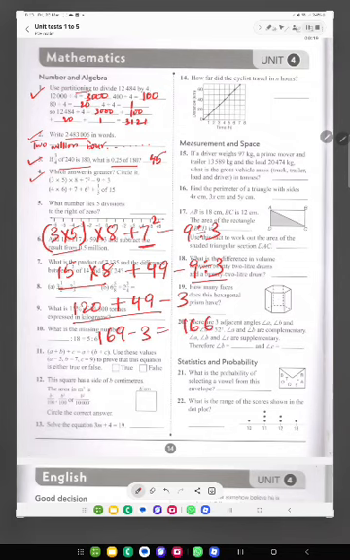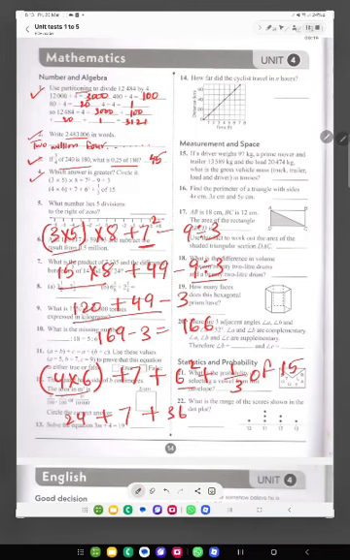Let's evaluate the second expression: 4 times 6 plus 7 plus 6 square plus 1/3 of 15. 4 times 6 is 24, plus 7, plus 6 square is 36. 15 divided by 3 is 5. We divide when it is a fraction of 15.